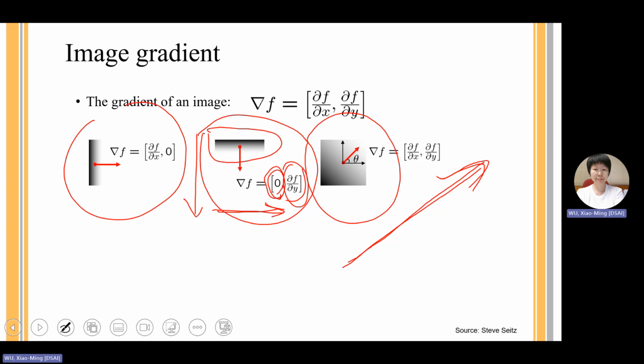So either along the horizontal direction or along the vertical direction, there's an increase in the function value. Overall, the function value increases most rapidly along this direction.